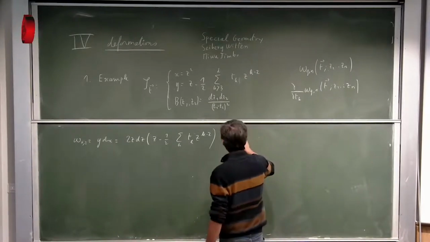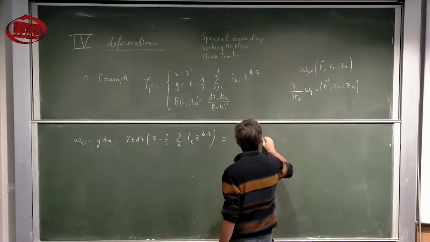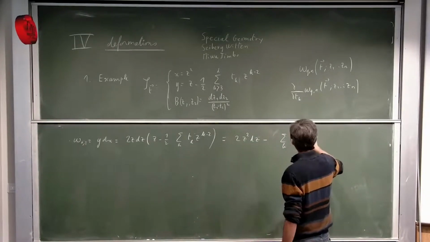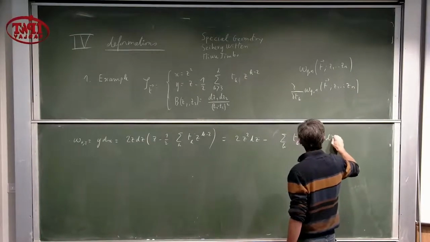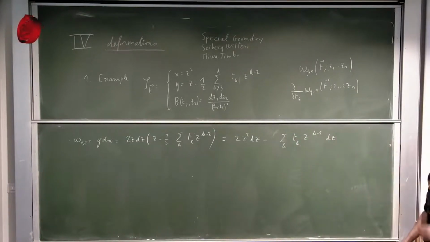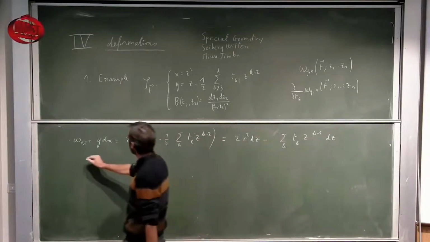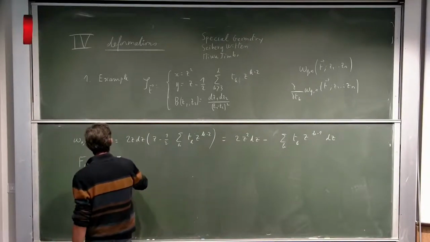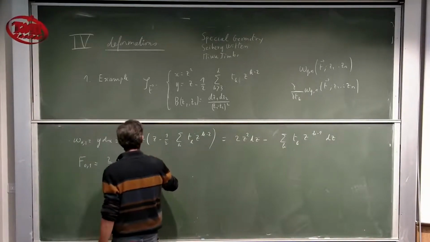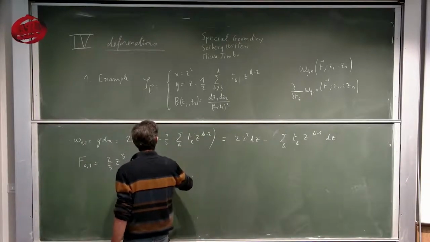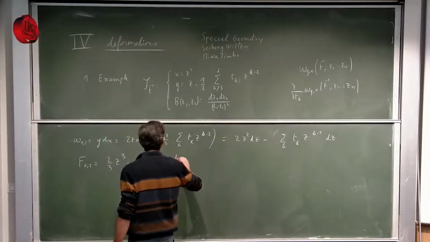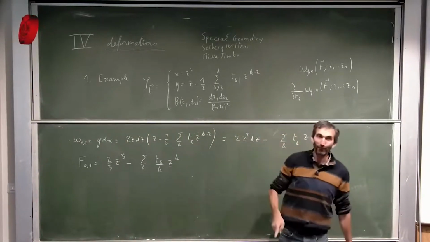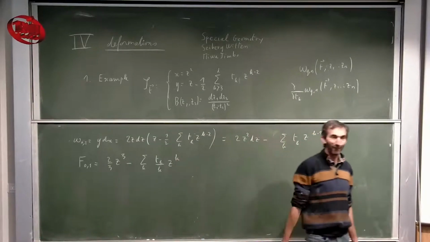So it is 2z squared dz minus 1 minus sum over k of 2k z^(k-1) dz. By the way, it's easy to compute F_{0,1} in this case. F_{0,1} is 2/3 z cubed minus sum over k of 2t_k over k, z^k. And this is why I took this shift of k minus 2: because I want to have z^k with t_k in F_{0,1}.